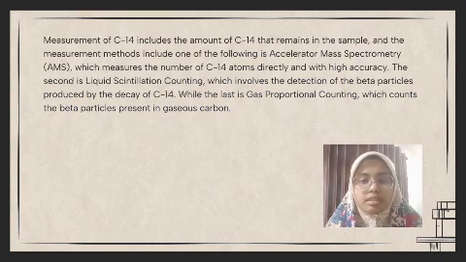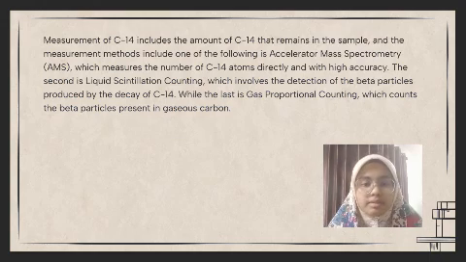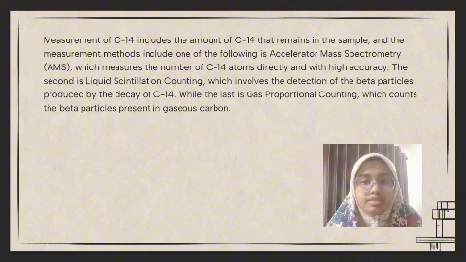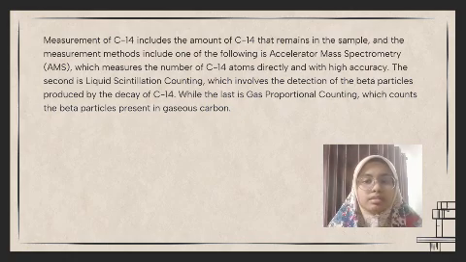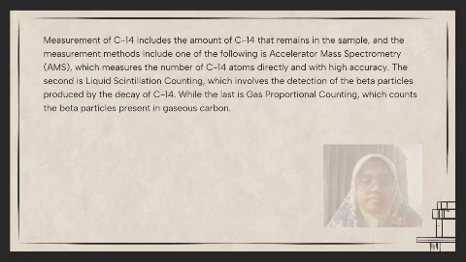The second is liquid scintillation counting, which involves the detection of the beta particles produced by the decay of C-14. The last is gas proportional counting, which counts the beta particles present in gaseous carbon.